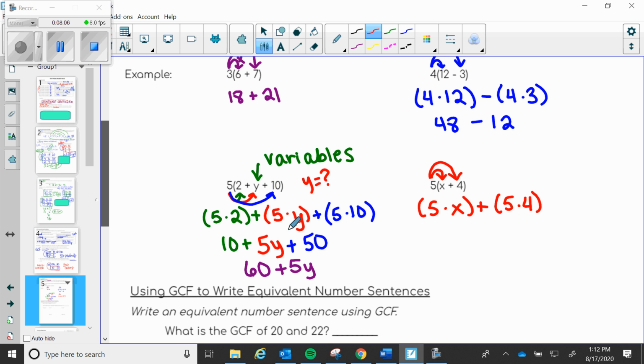Just like we did over here, we're going to shorten, we're going to condense, and turn this into 5x, and then bring down your sign. 5 times 4 would give me 20. And this is as far as you could go. So this is how you use the distributive property. You are literally distributing that 5 to everything in the parentheses. So let's move on down.